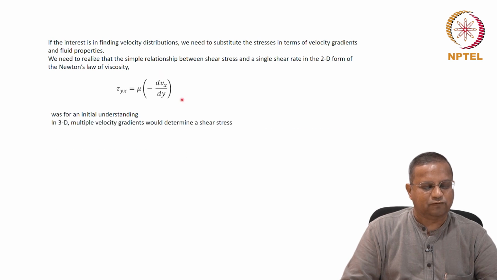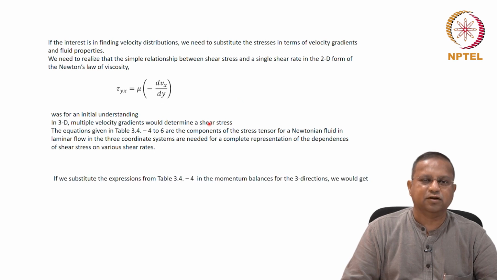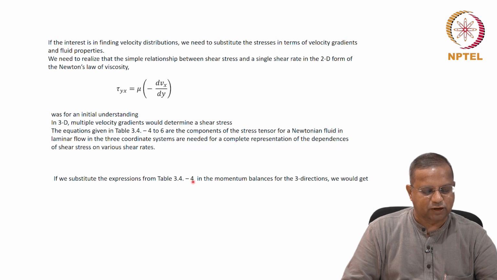Then if the interest is in finding the velocities, you need the relationship between the shear stress and the velocity gradients, and tables 3.4-4 to 6 give you that in the 3 coordinate systems.